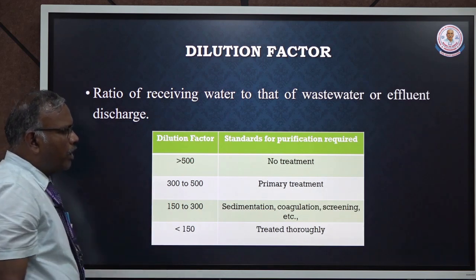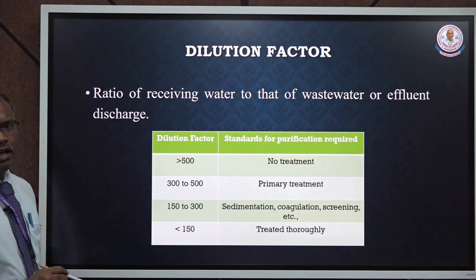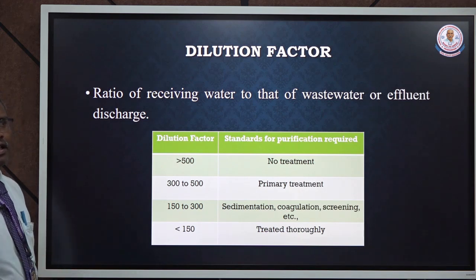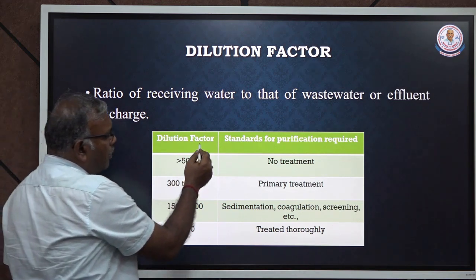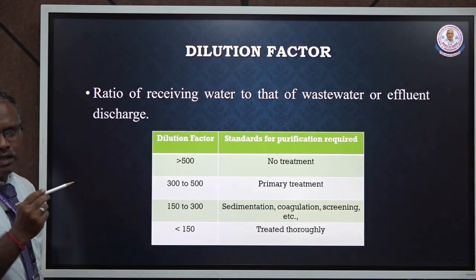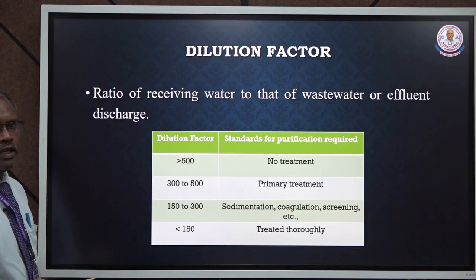Okay. Next is the dilution factor, which is the ratio between the receiving water and the wastewater or effluent quantity. For example, if my water quantity along with the sewage is 1000 and the sewage quantity is 2 ml, then the total quantity of water plus wastewater is 1000, out of which 2 ml is my wastewater.